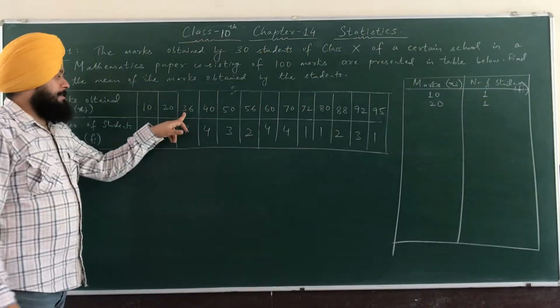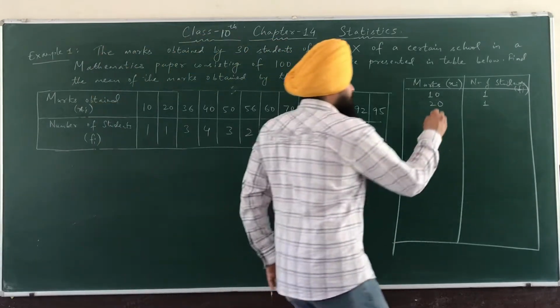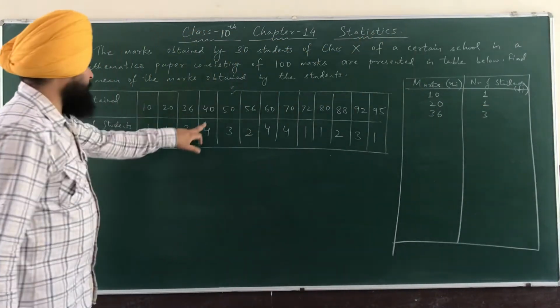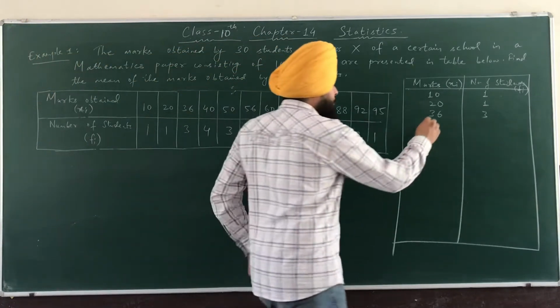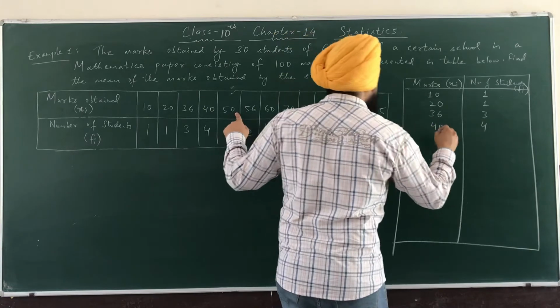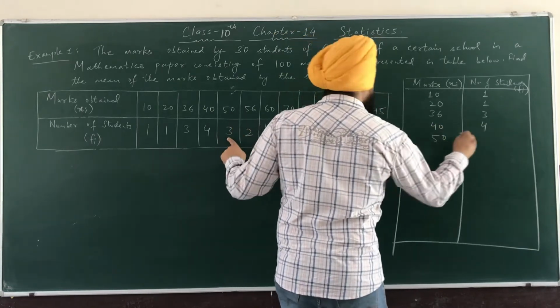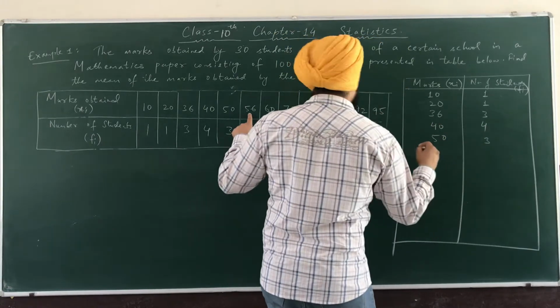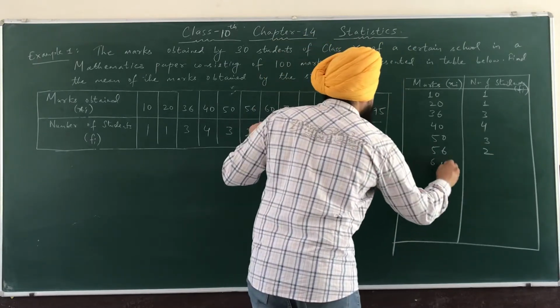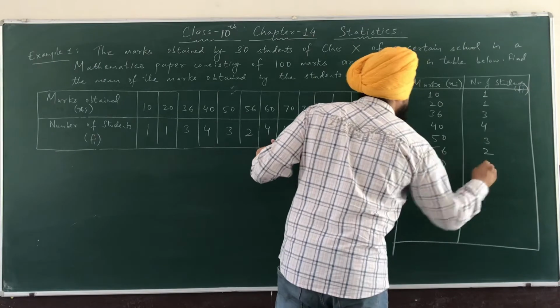Next, 36 marks got by 3 students. Next 40 marks वाले कितने स्टूडेंट हैं? 4. Next 50 marks, 3 students. 56 marks, 2 students. 60 marks, 4 students.